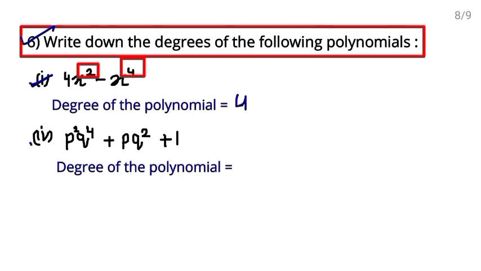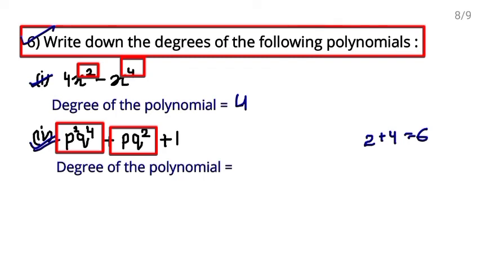Clear? Next, in the fourth part, now we have two variables. So firstly we add the power of the variables of the first term. First term में जितने भी variables हैं p and q, उनकी power को add करते हैं, which is 6. Now second term, for second term p has power 1 and q has power 2.